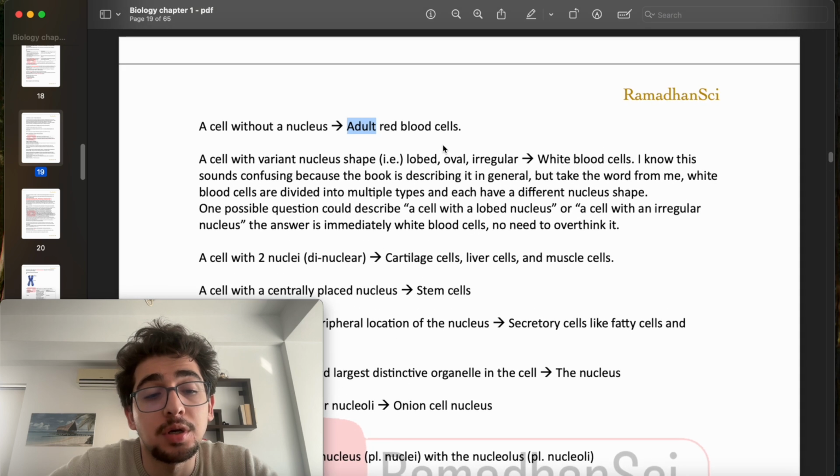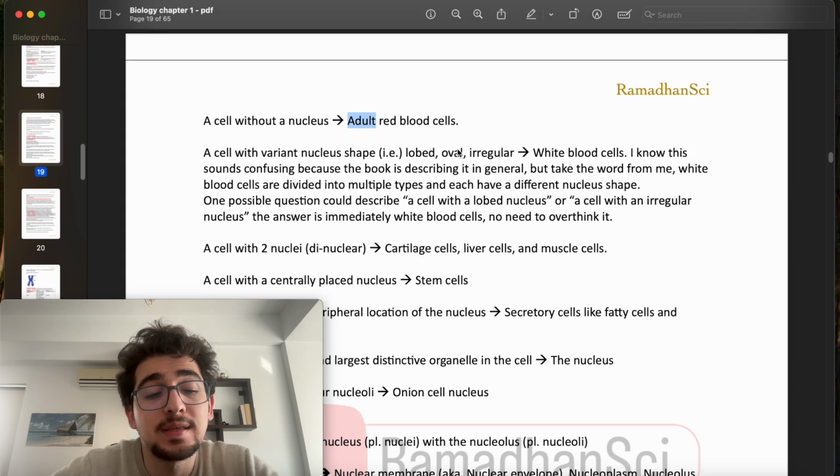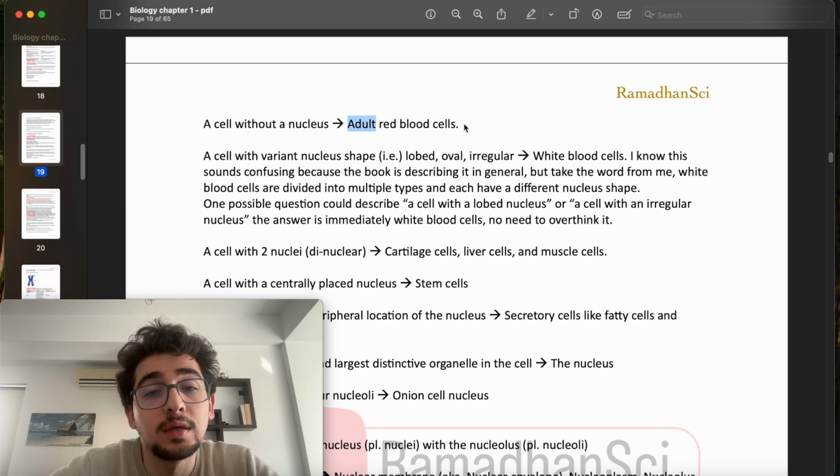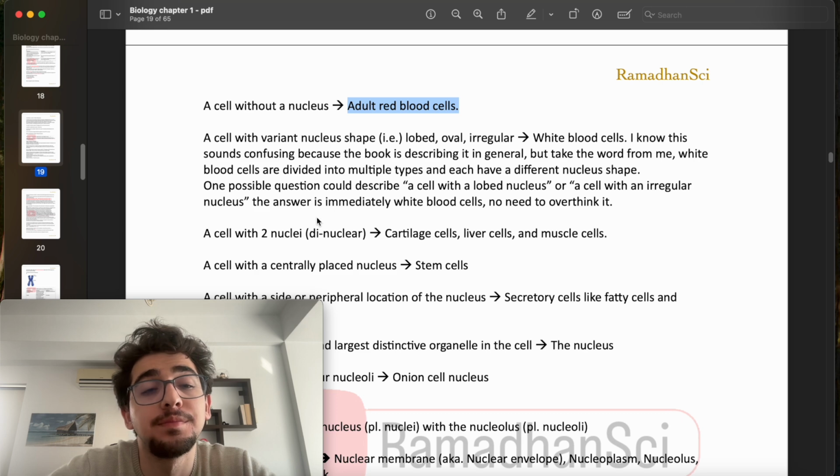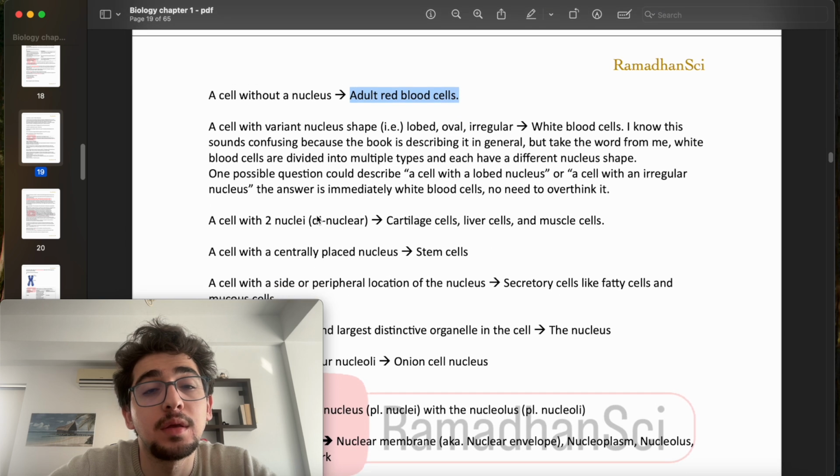Because any structure without a nucleus, we cannot really consider it as a cell. So any cell without a nucleus comes from a precursor cell that had a nucleus. This is also the reason why the life duration of the adult red blood cells is very short.